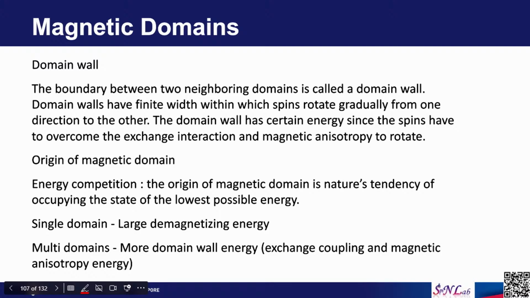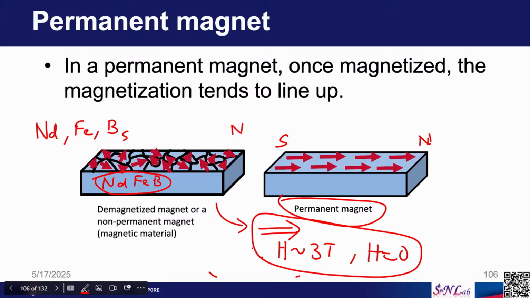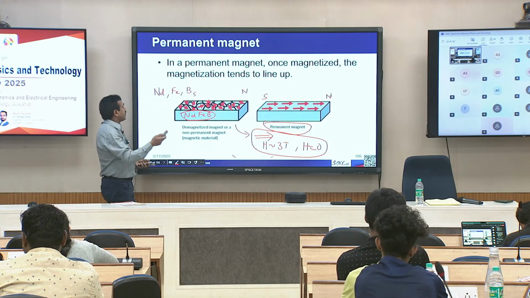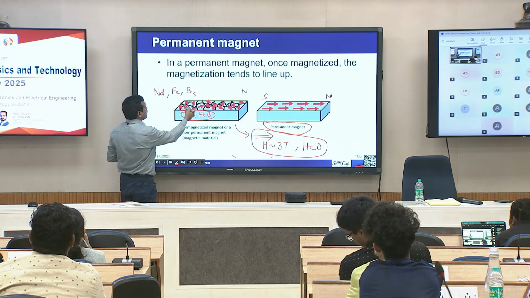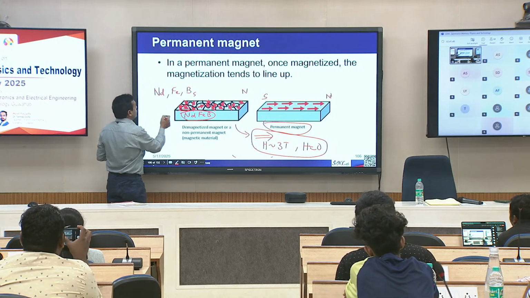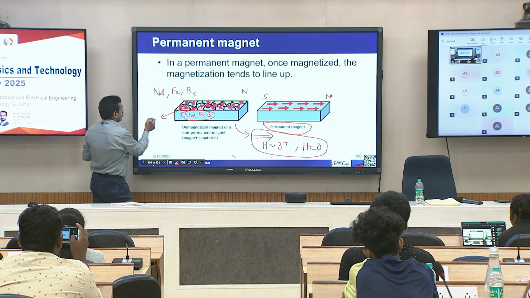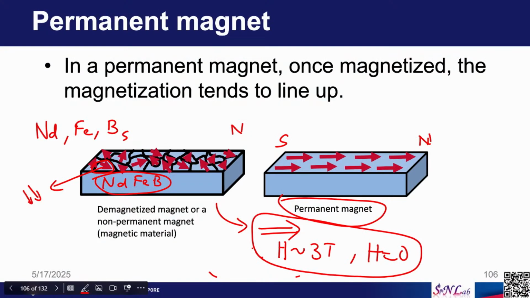When you prepare a fresh piece of magnetic material, not all the magnetization points in the same direction, but you will see some regions where the magnetization points in one direction. If I zoom into this particular region, I will notice that the magnetizations of the neighboring atoms point in the same direction.